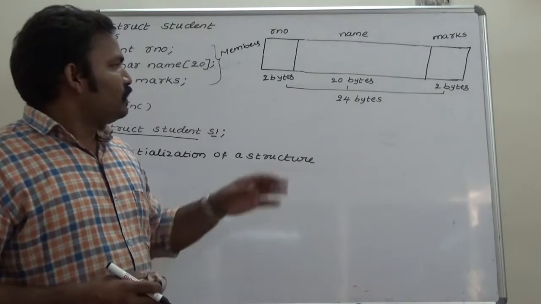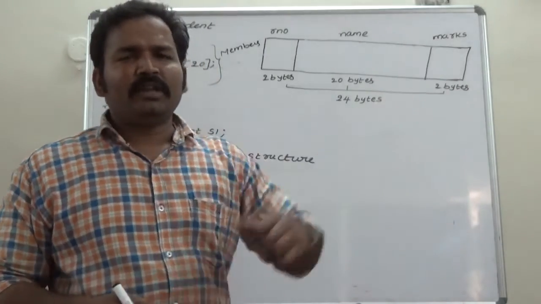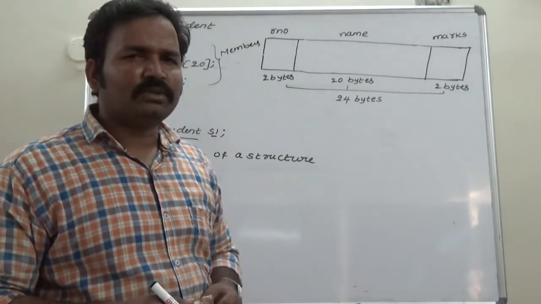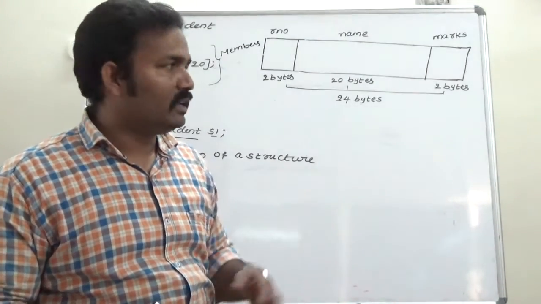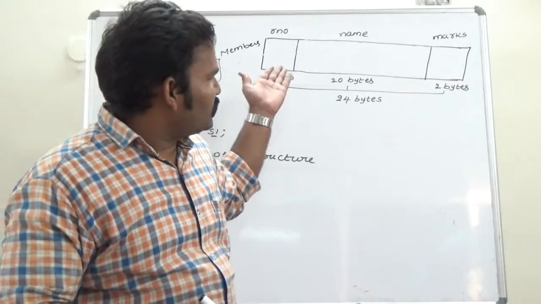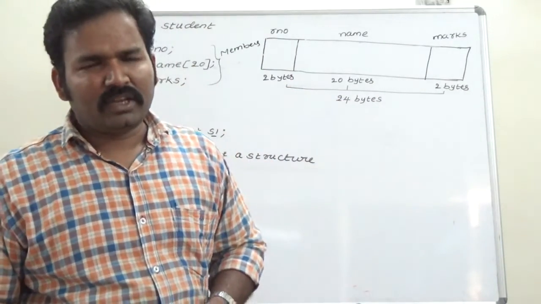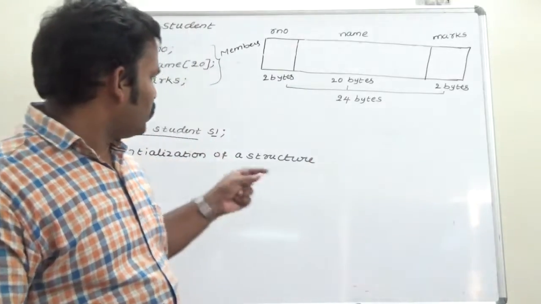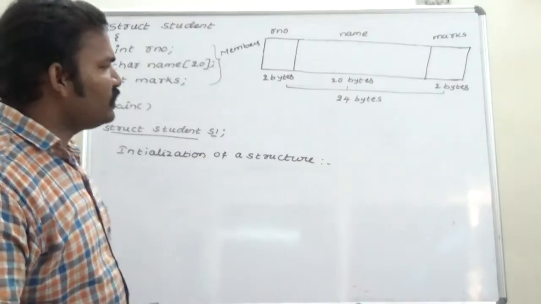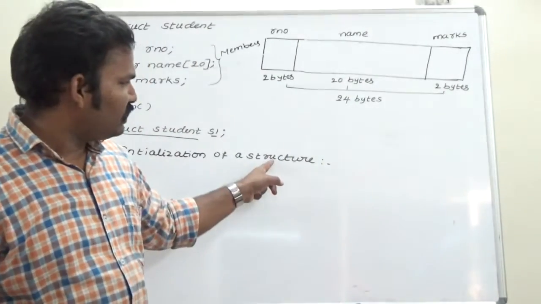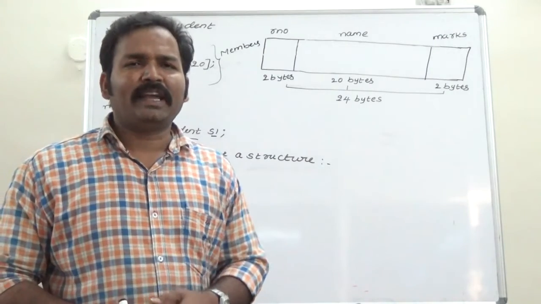One more important pointer: array elements are stored in sequential memory locations. In the same way, structure elements are also stored in sequential memory locations. Initialization of a structure means a structure can be initialized at compile time.